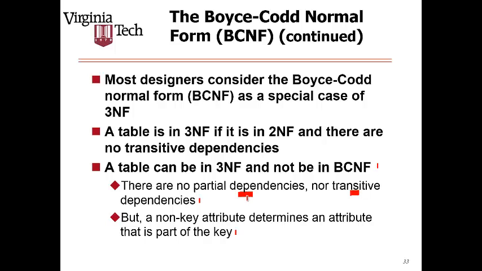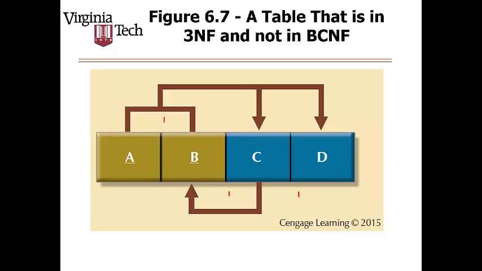But you can only have a Boyce Codd normal form violation if a non-key attribute determines an attribute that's part of the key. So you must have a composite key, and this is, I think, a rare situation to have this problem.